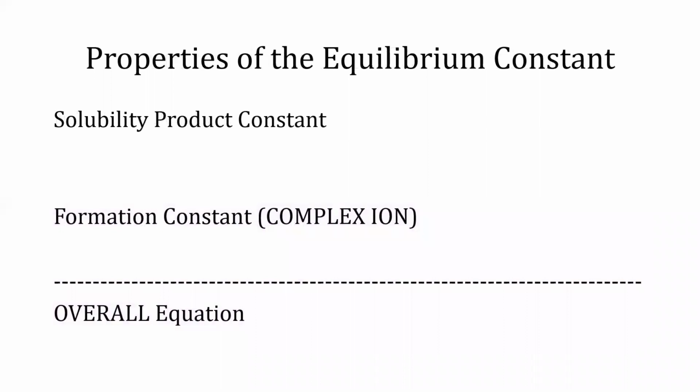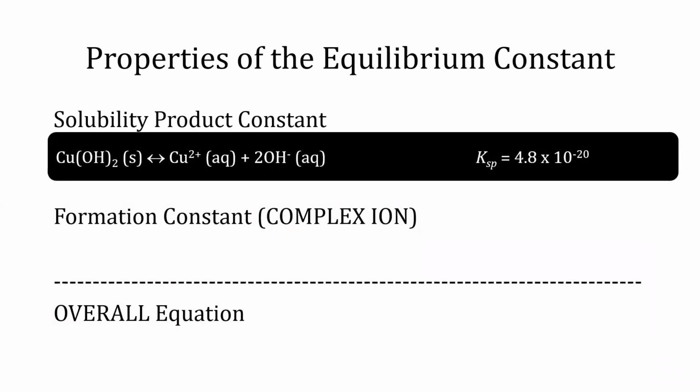To show how one can find the overall equilibrium constant value involving a complex ion and an insoluble compound, one first writes the solubility product constant expression and its value, followed by the formation of the complex ion and its value.